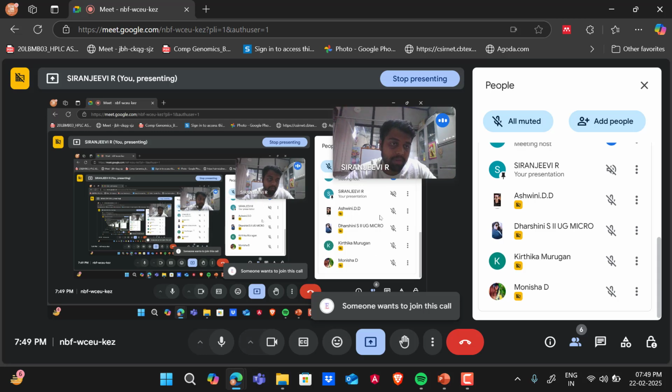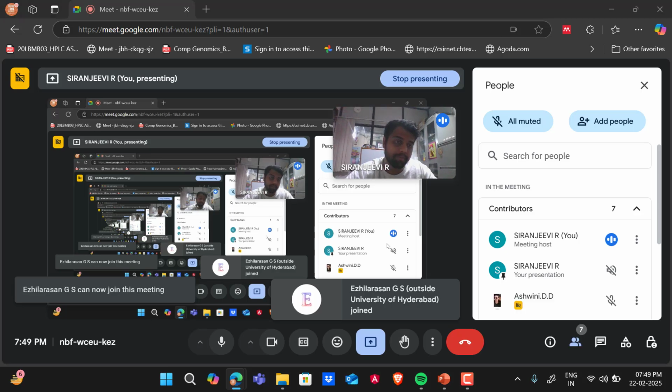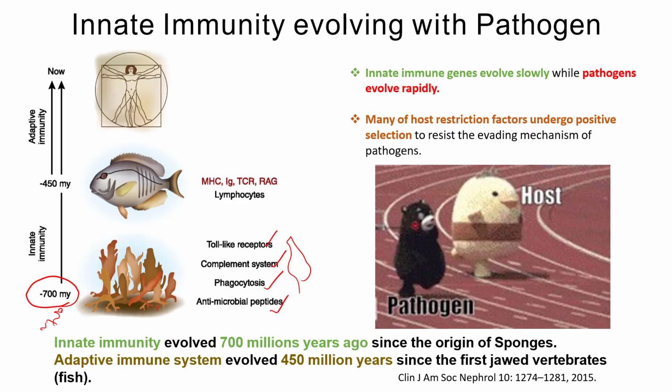So these are not something new that we are talking about. Then it comes to adaptive immunity. In this sense, people have seen it in some fish, that is, those with jaws. This adaptive immunity includes MHC presentation, immunoglobulins, that is nothing but antibodies, T cell receptors, RAG, and these lymphocytes, which started just 450 million years ago, and now we have both adaptive and innate immunity in the human body.